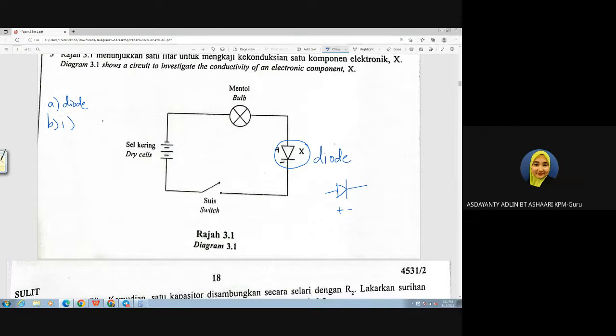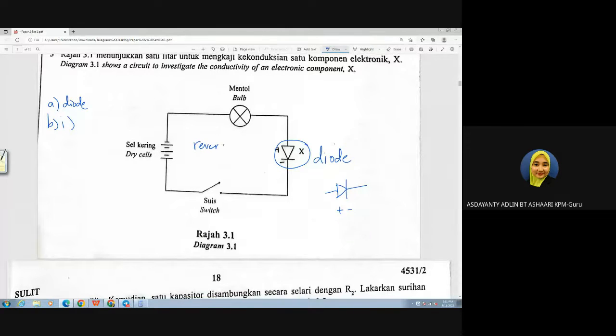B1, when the switch is on, the bulb does not light up. So why does the bulb not light up? You can see that the negative of the dry cell is connected to the positive of the diode. So the negative of the dry cell meets with the positive of the diode. This we call reverse bias.